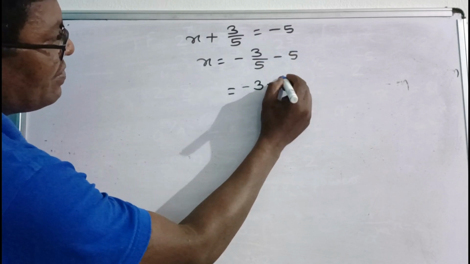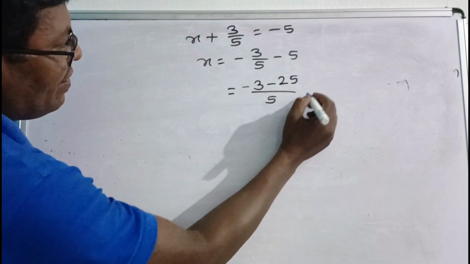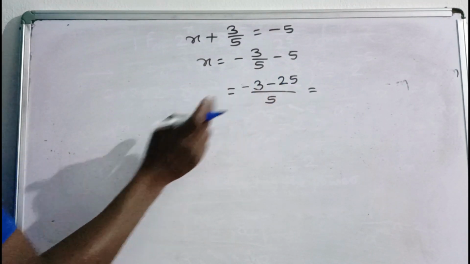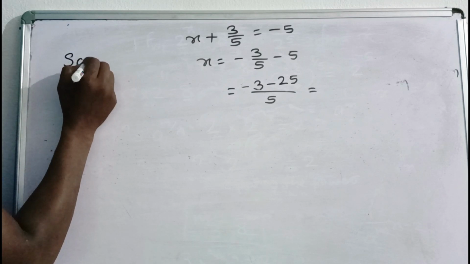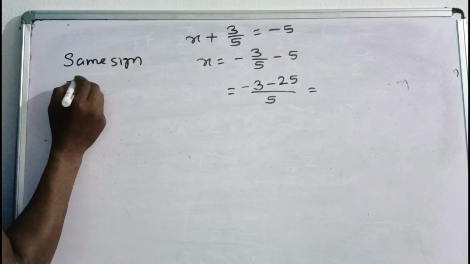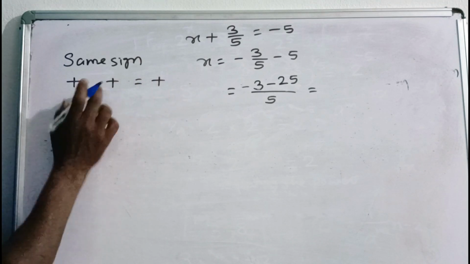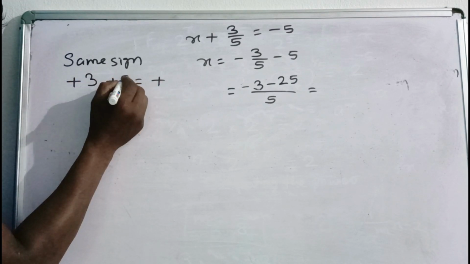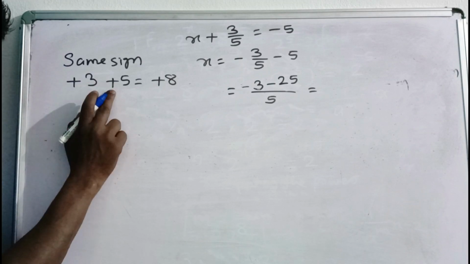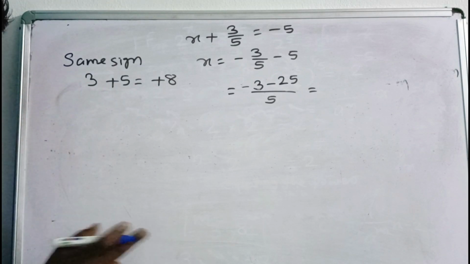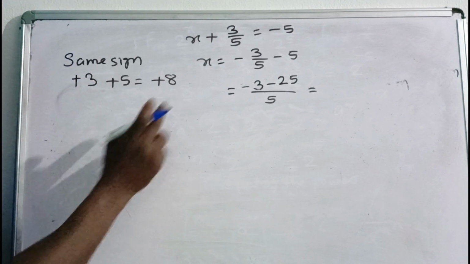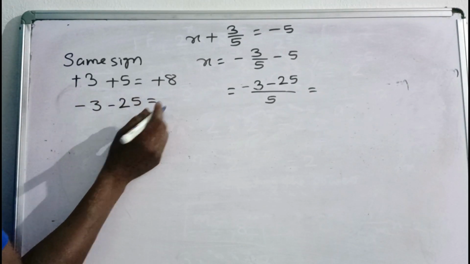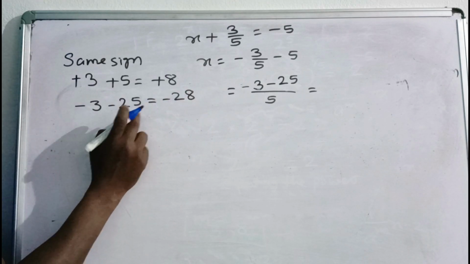Minus 3 minus 25 divided by 5 is equal to, again यहां पर दोनों का एडिशन होगा. अगर सेम साइन है प्लस प्लस, it becomes plus, एडिशन होके वही साइन आएगा. सपोज 3 plus 5 that is the plus 8. यहां पर भी प्लस रहेगा. जनरली यहां पर कुछ लिखते नहीं है, जो नहीं लिखते हैं वहां पर प्लस होता है, हमेशा याद रखना है. अगर माइनस है तो minus 3 minus 25 is equal to minus 28. एडिशन होगा, वही साइन आएगा.